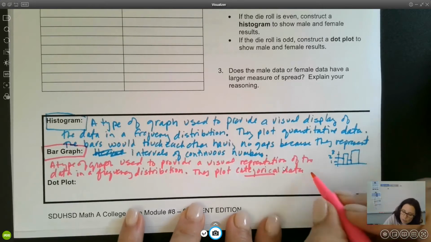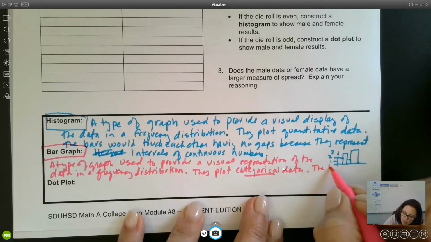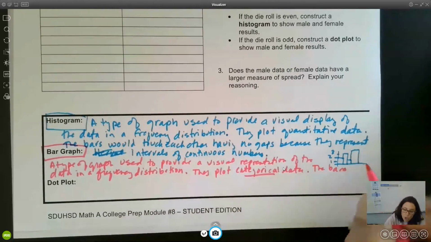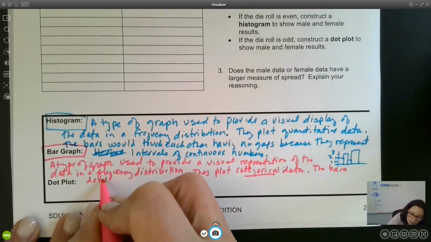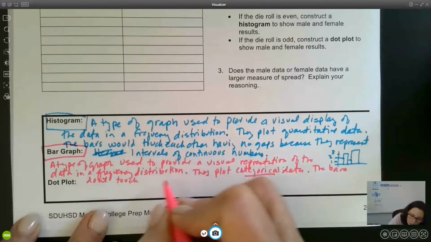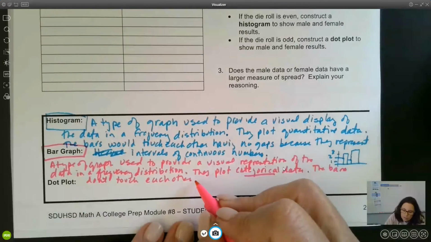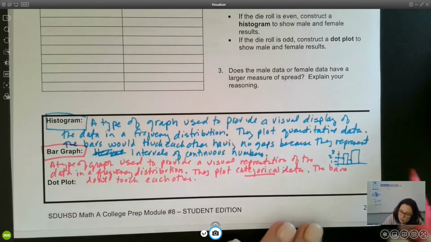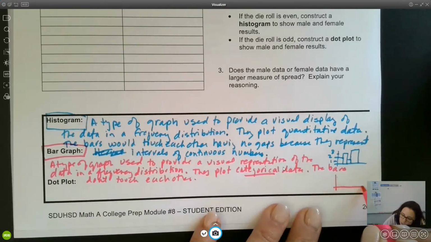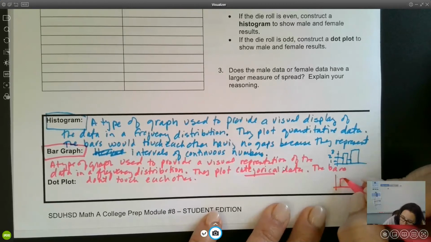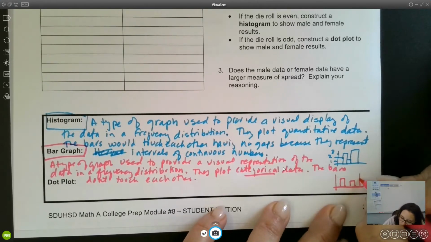The bars don't touch each other. For example, that would look something more like you'd have that separate bar and that separate bar.